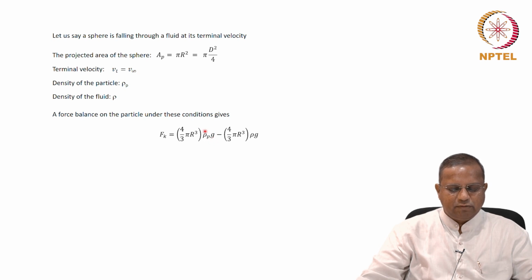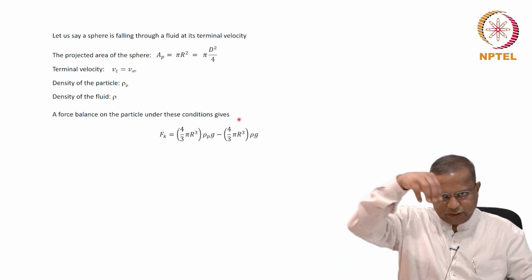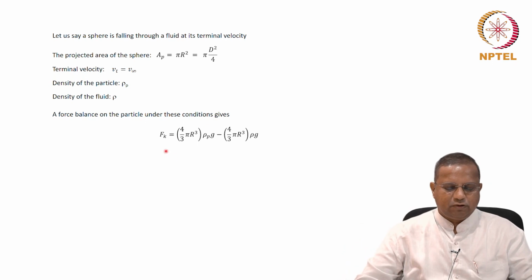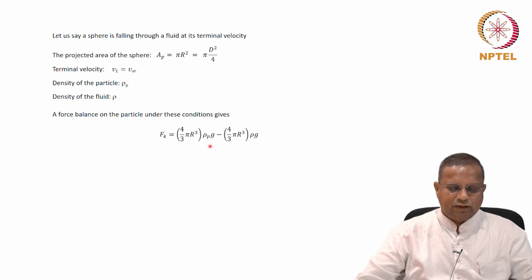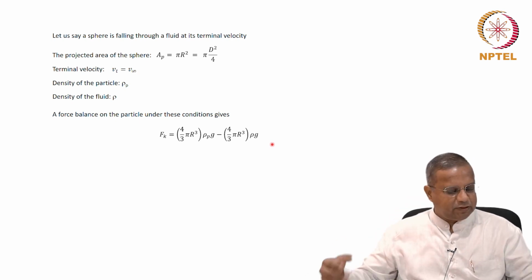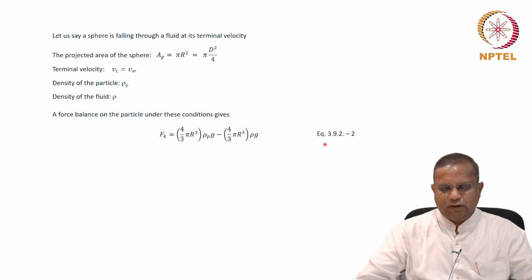Mass of the particle times g is the weight, the gravitational force on the particle, minus the buoyancy force, 4 by 3 pi r cubed, the volume, times the density of the fluid times g. That will act in the opposite direction. We all know this. Equation 3.9.2-2.